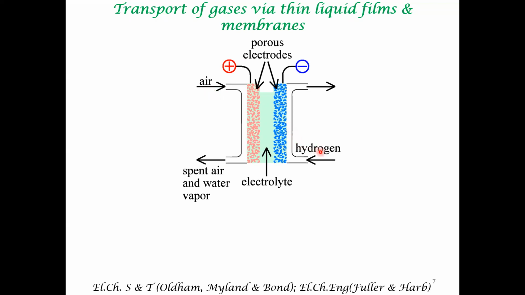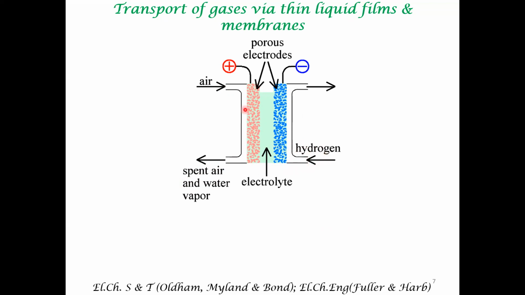So hydrogen comes here, you have formation of water, and on this side, air comes in, oxygen from air is utilized for electrochemical combustion of hydrogen, and some spent air gets out. The hydrogen fuel cells are typically operated at a temperature of around, let's say, 70 for a variety of reasons. So some water vapor also gets out here. There are lots of issues related to mass transfer in this case.